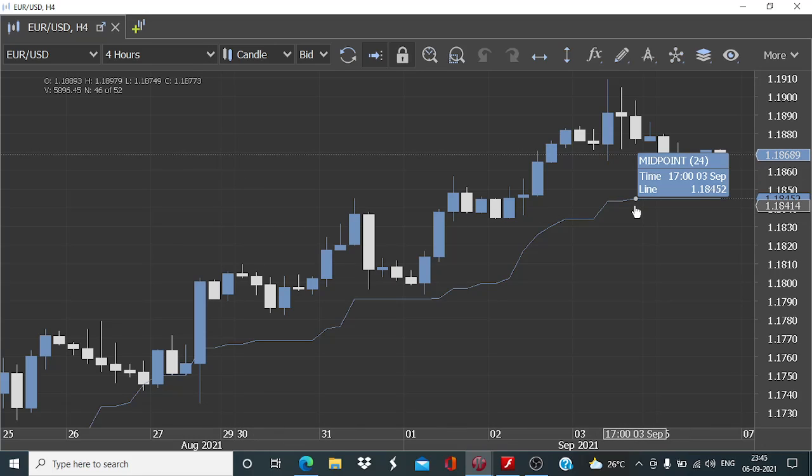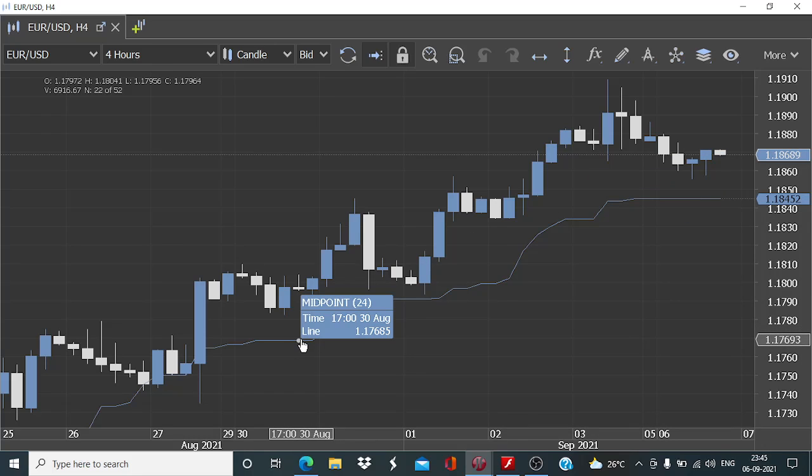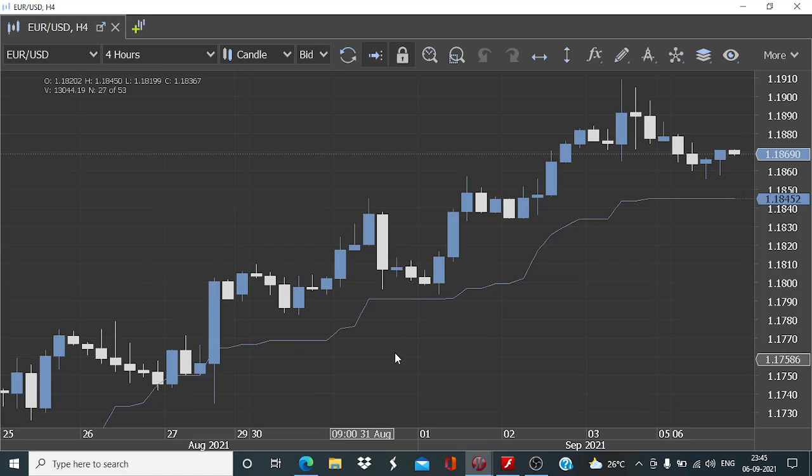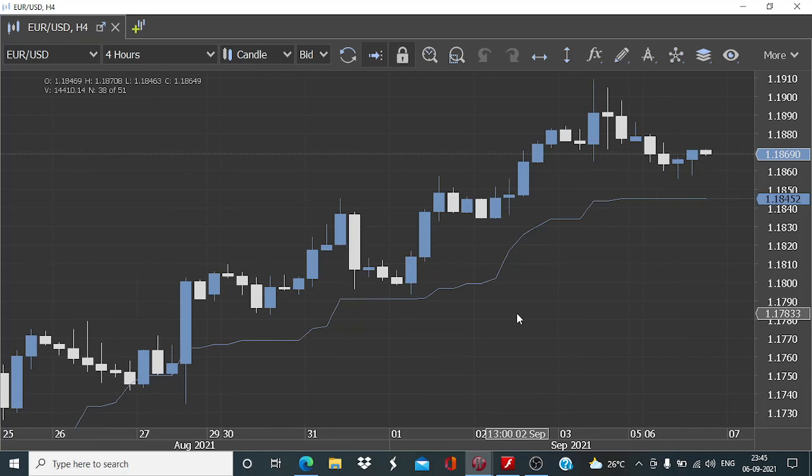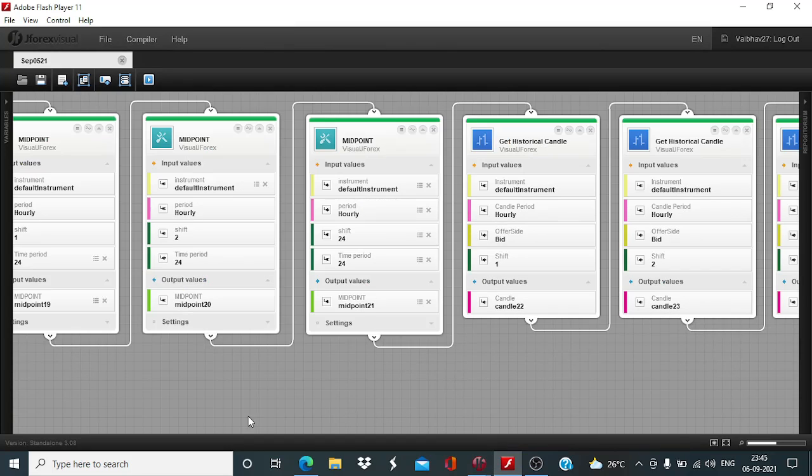So on the 4 hourly time frame, this condition is quite simple. You have to do the comparison, and we need the last 4 hours output value to be above the output value of 5 days back. For that we will have to take the shift value of 30 on the 4 hourly block.